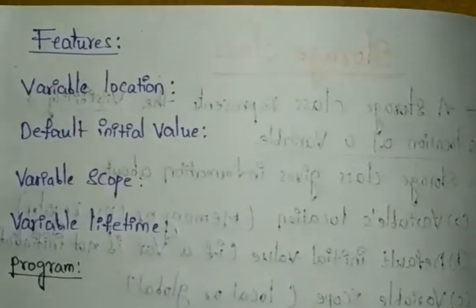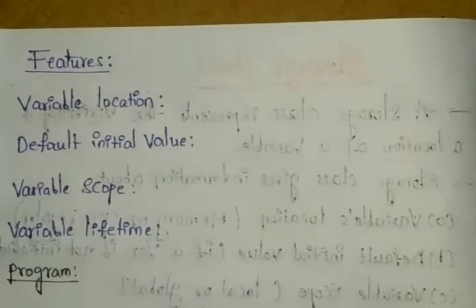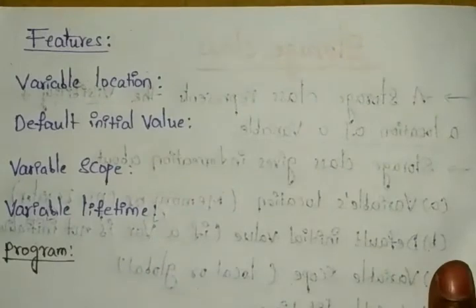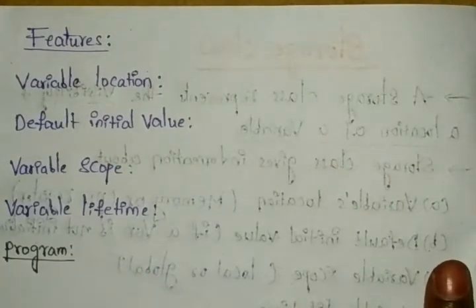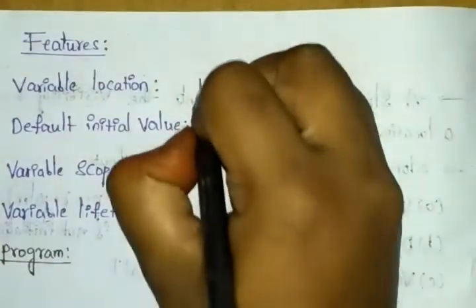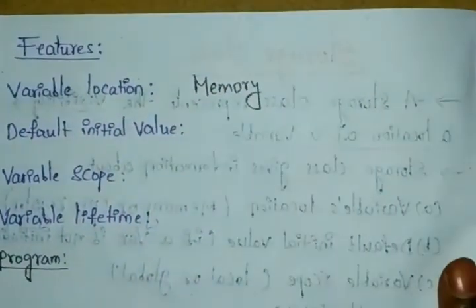First we have the variable location. Automatic storage classes have a variable location, meaning where the variable can be stored in the memory. So what do we have here, memory or else your CPU register.